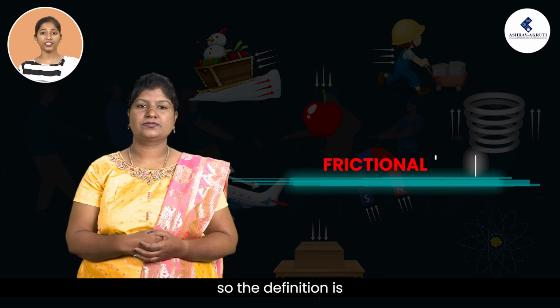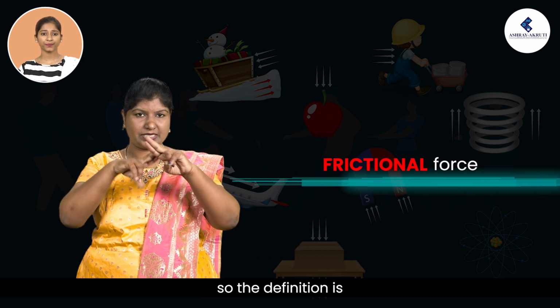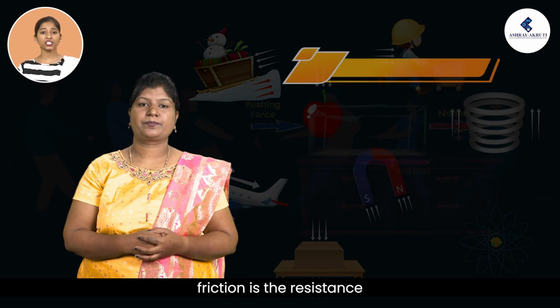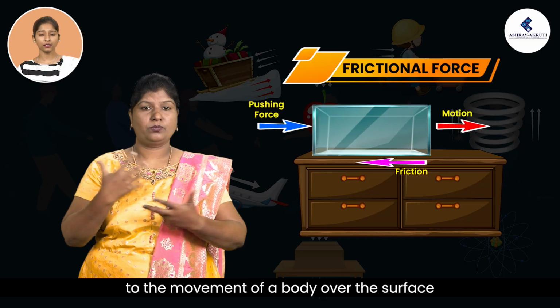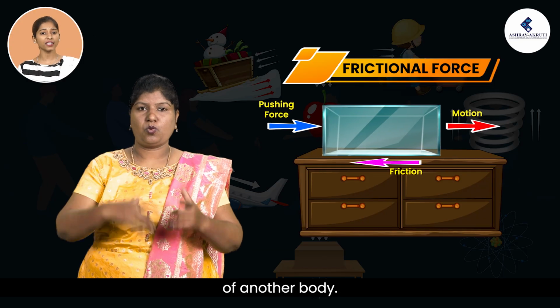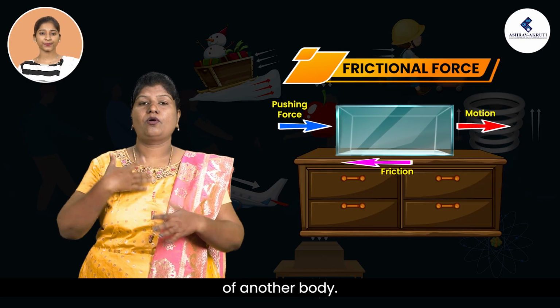So, the definition is: friction is the resistance to the movement of the body over the surface of another body.